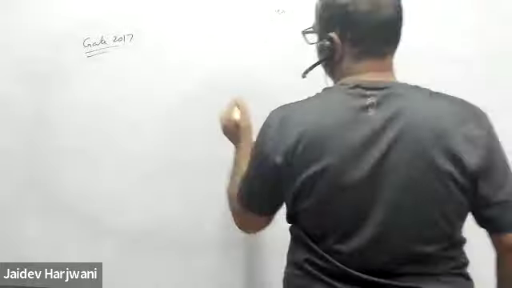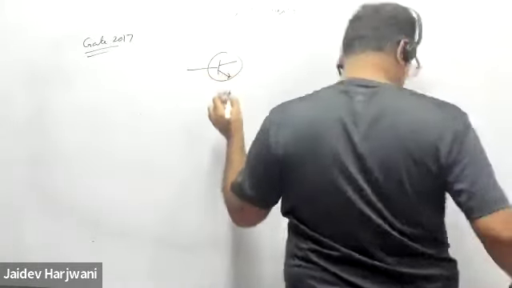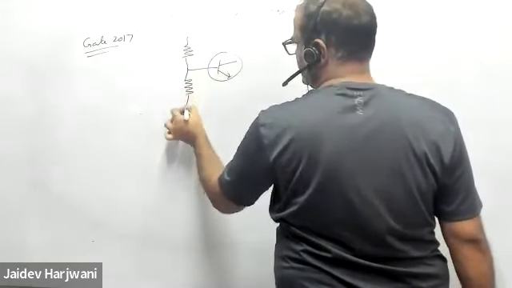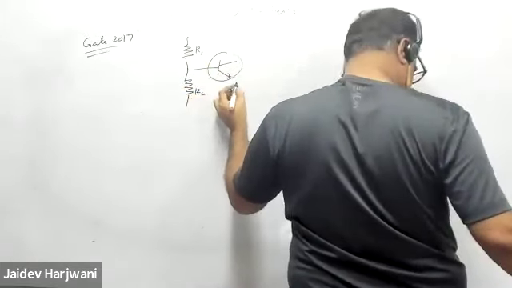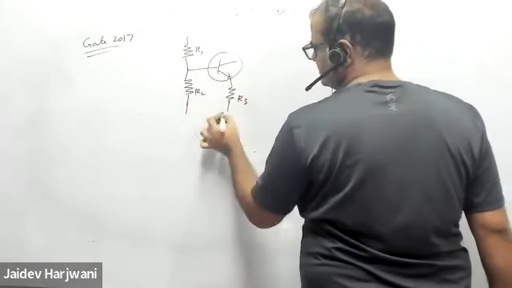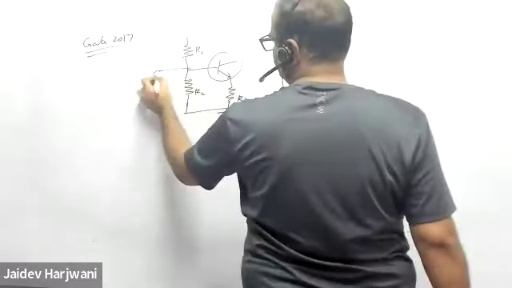So you have R1, R2. Then here they say this is R3. This is your V input.